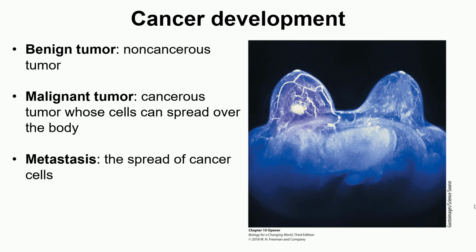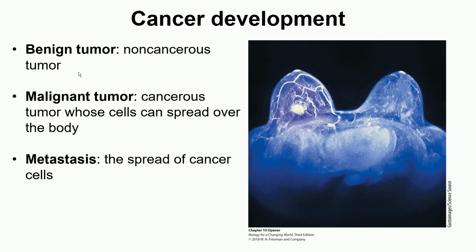So a benign tumor is basically a non-cancerous tumor. When the cancer is confined to the place of its origin, to one organ, the cancer cells can be removed from that organ and the cancer does not spread out.